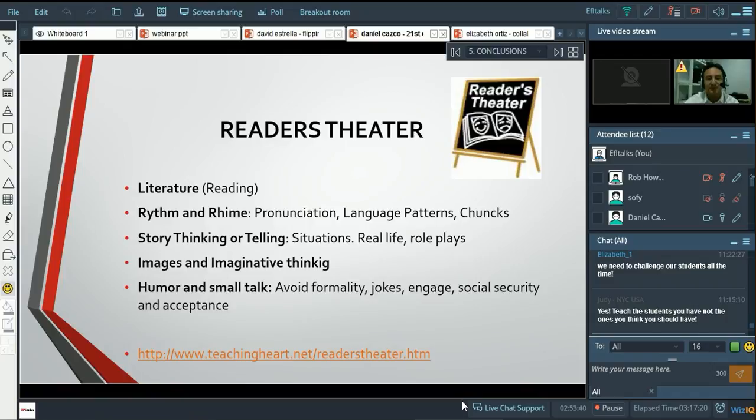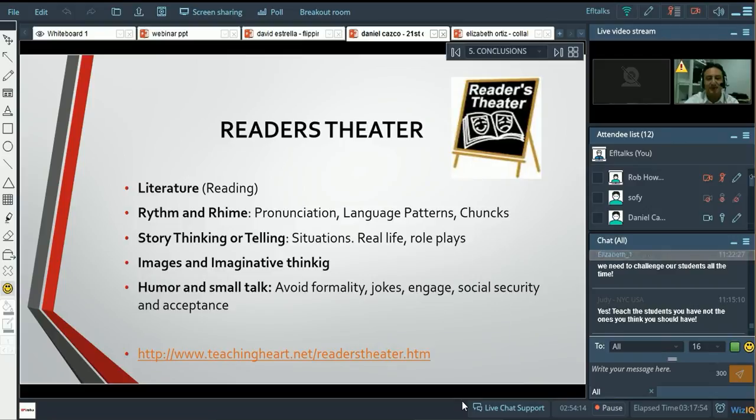Reader's theater. Vicky explained excellently about reader's theater participation in the class. And I would just like to say that this is a really fun activity where the students get motivated and they feel confident to talk. What I do with my students is, for example, I choose a piece of literature or a small rhyme or some story or a reader book that the students have to read, and then they have to participate, giving a short or brief summary about the story.